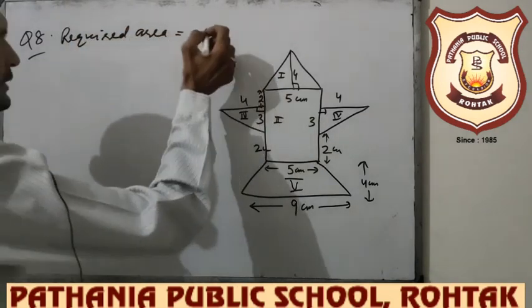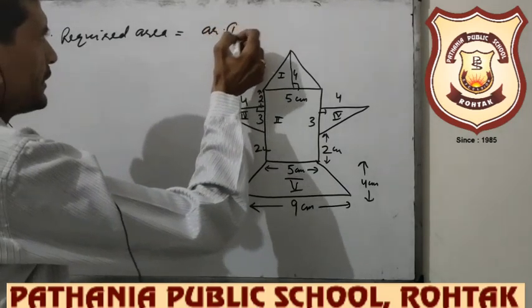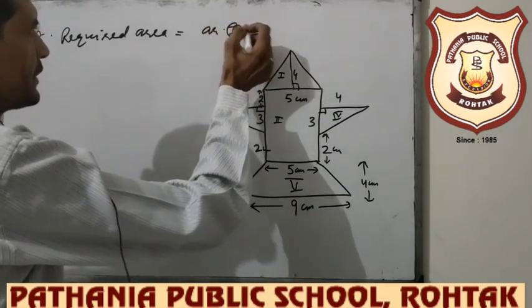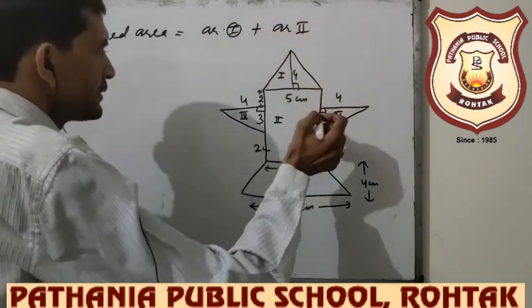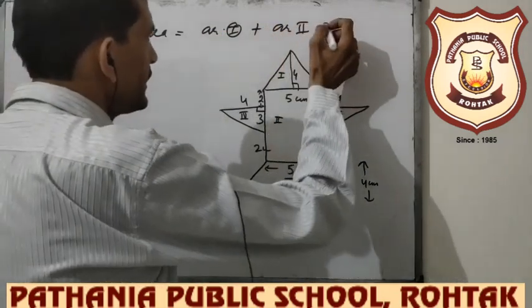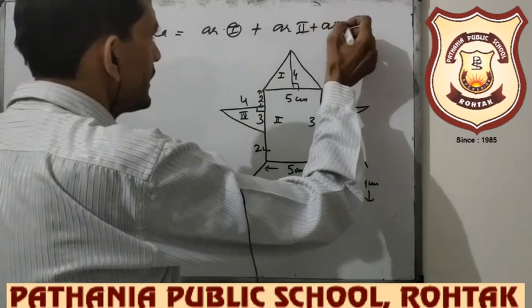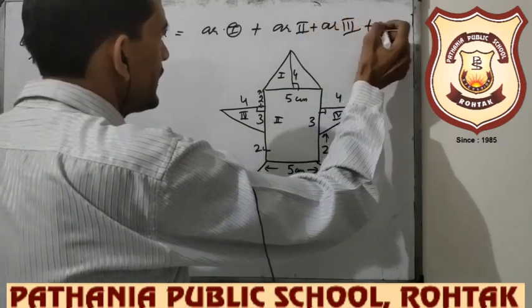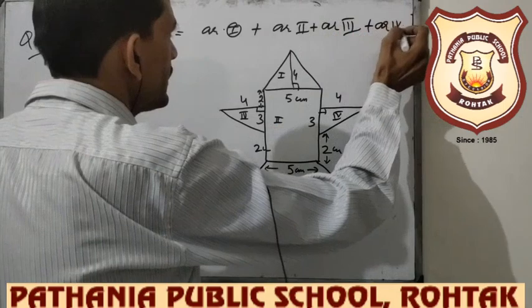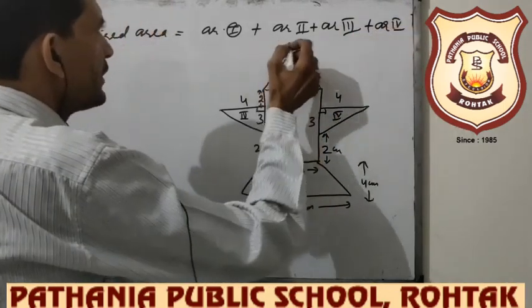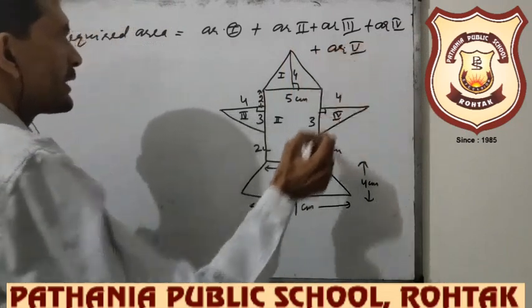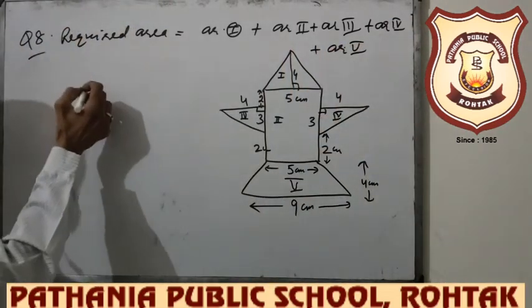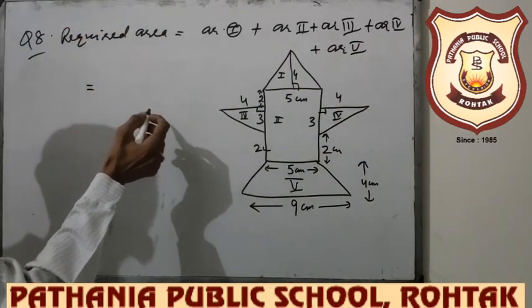Area of part 1 plus area of part 2 plus part 3 plus area of part 4, fourth part, and area of fifth part. We have to find the area of all the parts and then add.